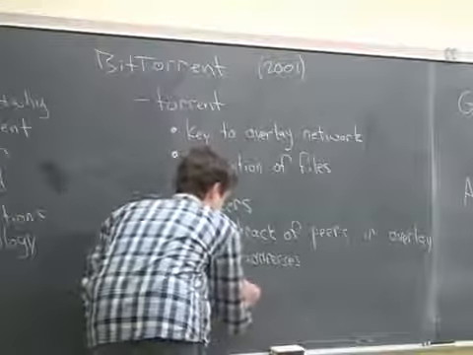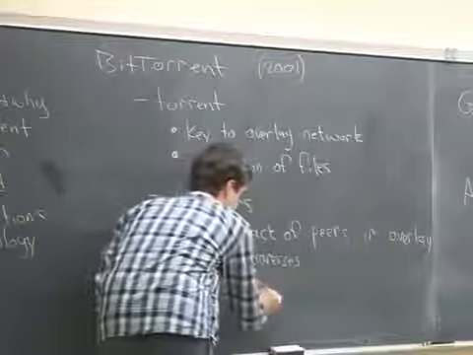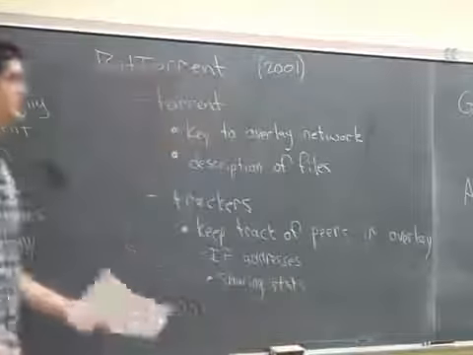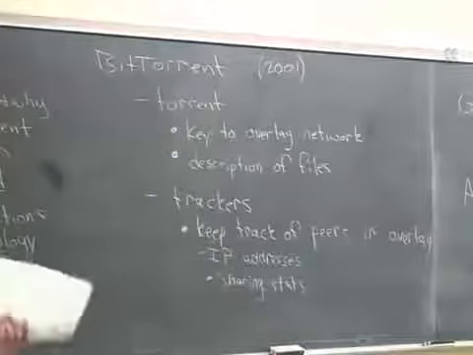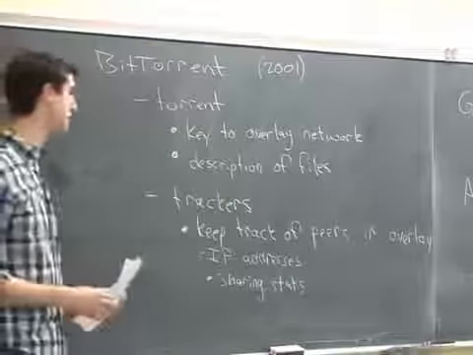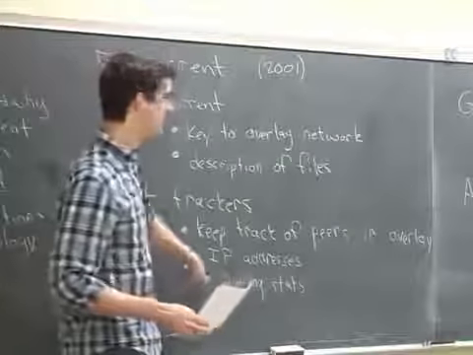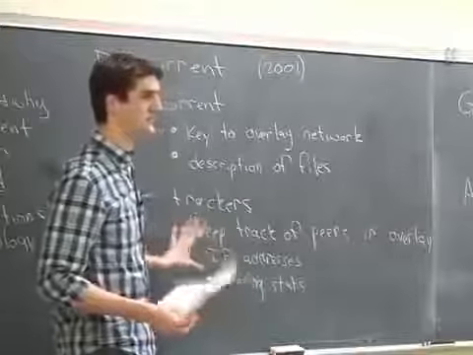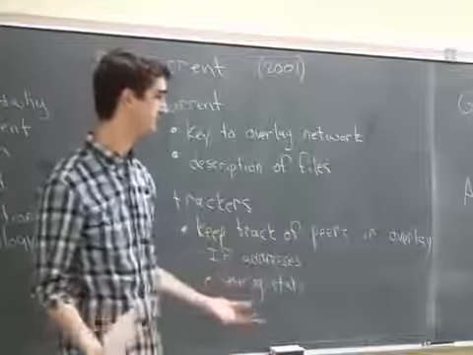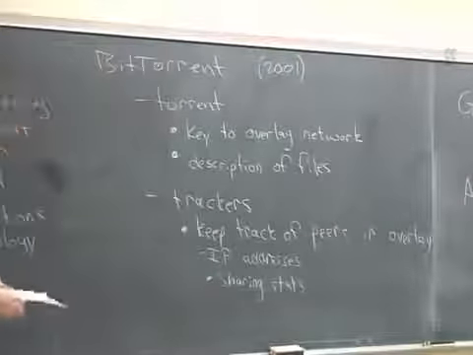So let's just say sharing statistics. These sharing statistics are important because we'll talk about this problem of free riders and leechers and so on. So the tracker wants to keep track of some sort of statistics to give more bandwidth to the people who are sharing more and so on, okay?